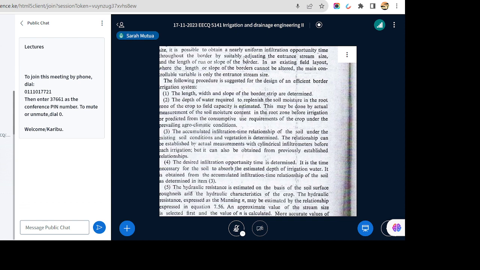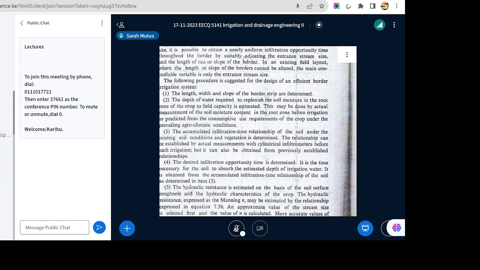Actually, it is more of the irrigation water requirement than the crop water requirement. So that is how you do number two. Number three, you determine the accumulated infiltration time relationship of the soil under existing soil conditions and vegetation cover.